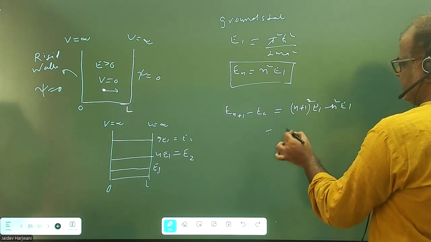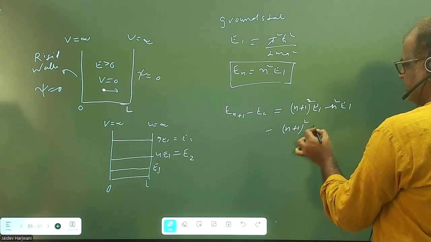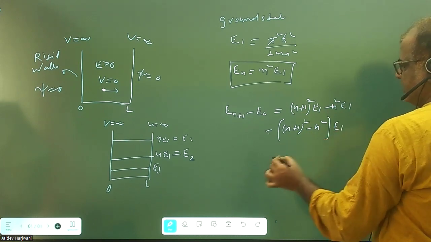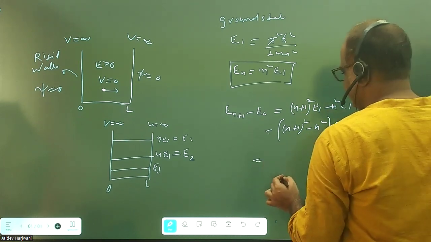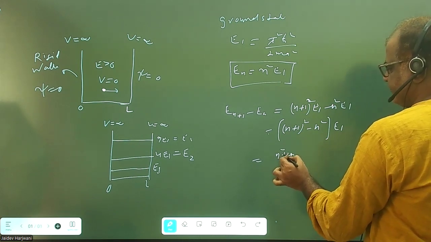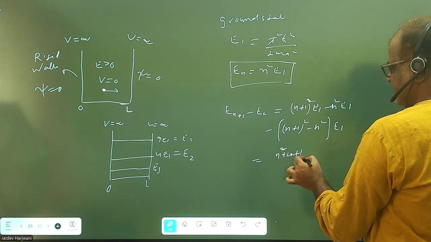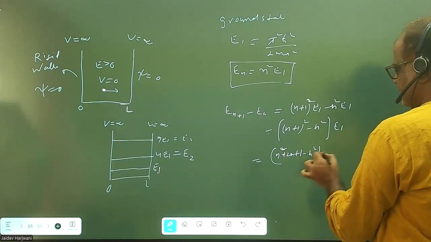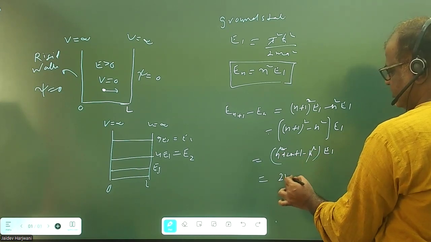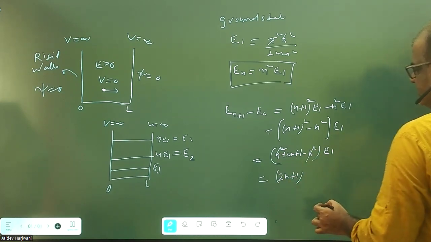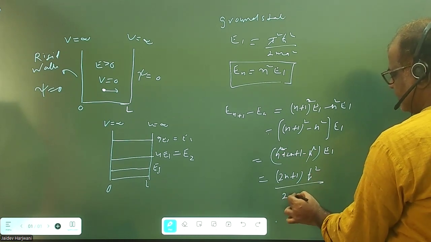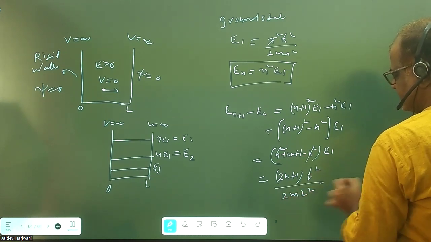So this will be (n+1) square minus n square, times E1, which is n square plus 2n plus 1 minus n square, times E1. The n square cancels out and this becomes (2n+1). Now E1 is ħ square over 2mL square.